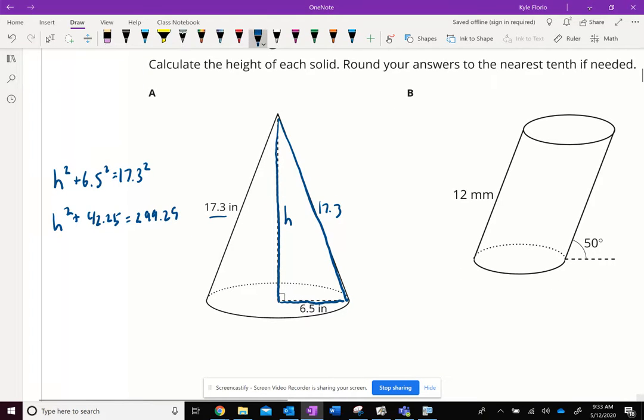So if we subtract the 42.25 on both sides, then the h squared has to be 257.04. So if h squared is that, then we just take the square root of both sides. And I'm going to get that h is about 16. So the height is about 16 for this cone right here.